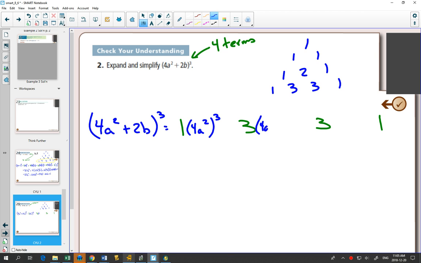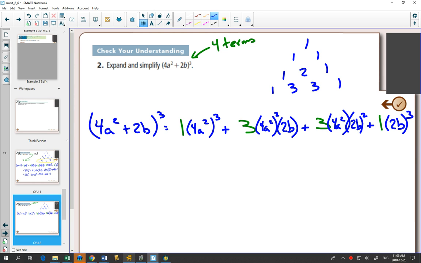Then I'll have 4a squared squared, then 4a squared, one of them. My second term is 2b. I won't have any 2b's to begin with. Then I'll have 2b to the 1, then 2b squared, and finally 2b cubed.